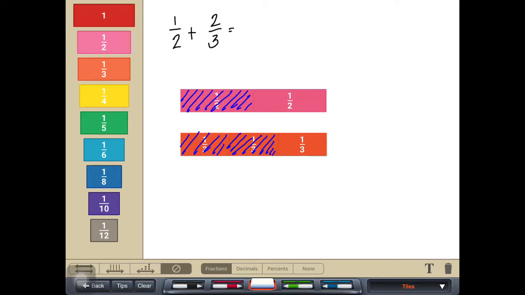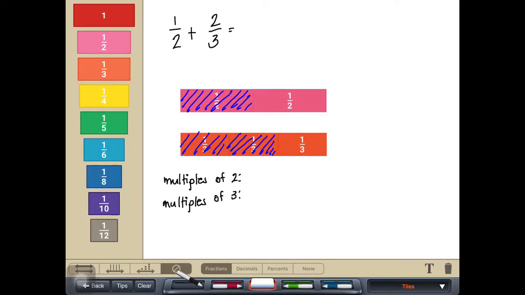So in this case, I would have to know what the least common or the lowest common multiple of 2 and 3 is. So I can do that by writing here multiples of 2 and then multiples of 3.